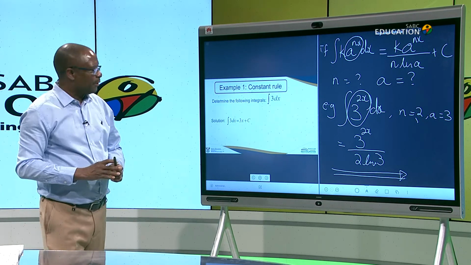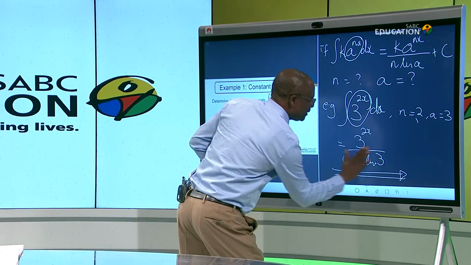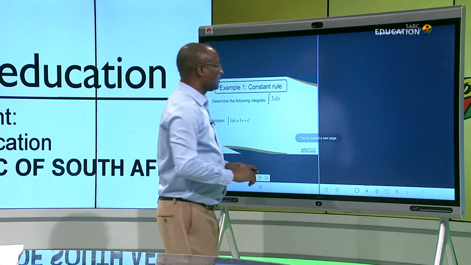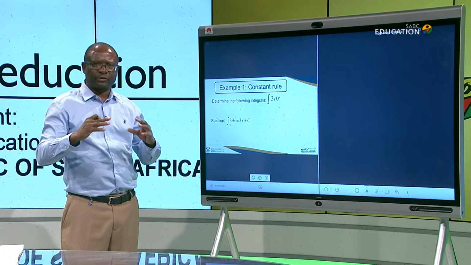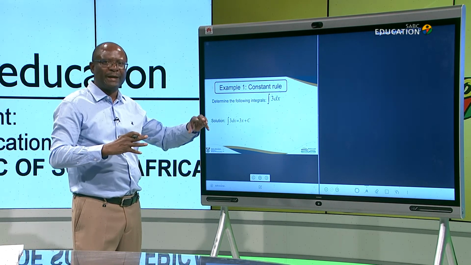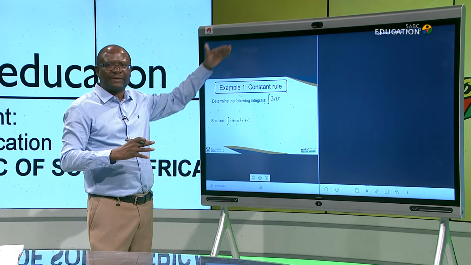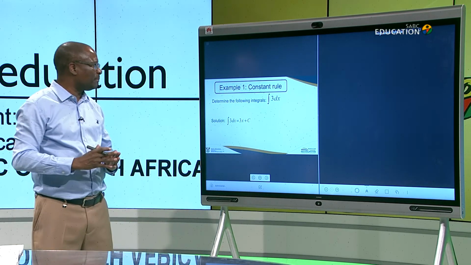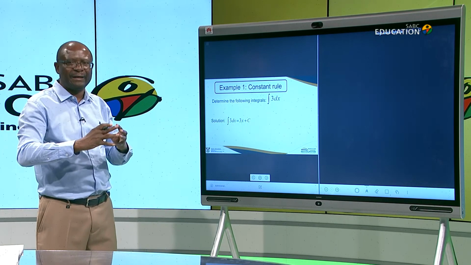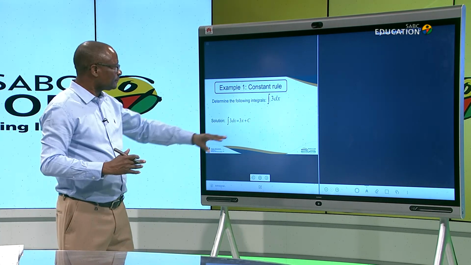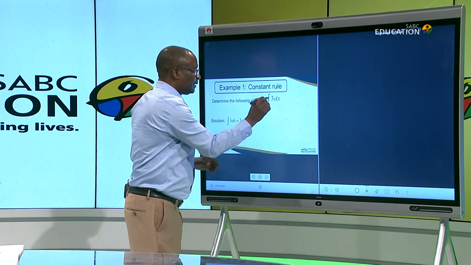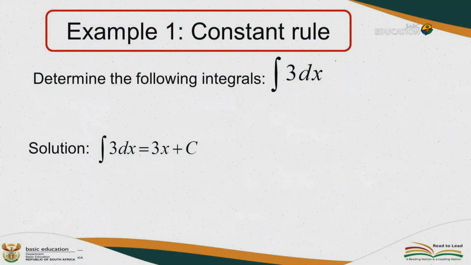Then, here, there are some examples. I've given some typical exam questions, wherein we shall be applying those rules that I've explained earlier. On rule number 1, where I was explaining, we are to apply the constant rule. When you try to look at this, it's the integral of 3 dx.